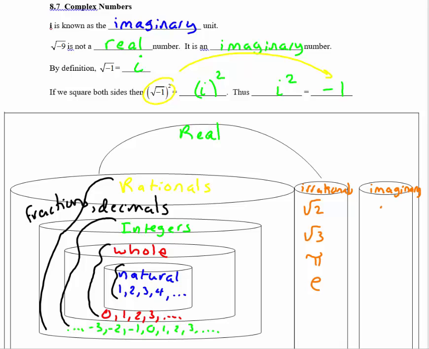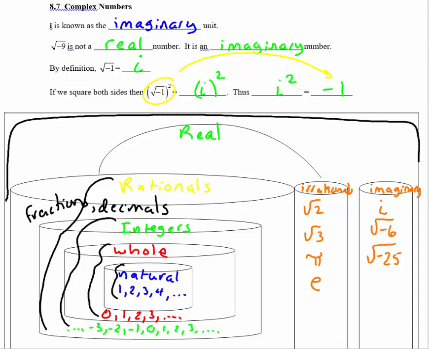The imaginary numbers are like i, square root of -6, square root of -25, when you have a negative under the square root.